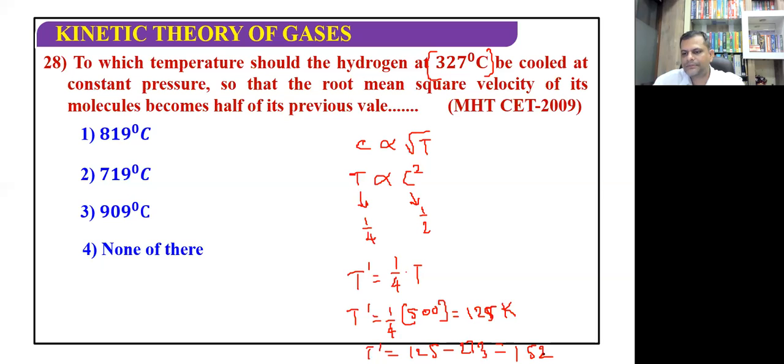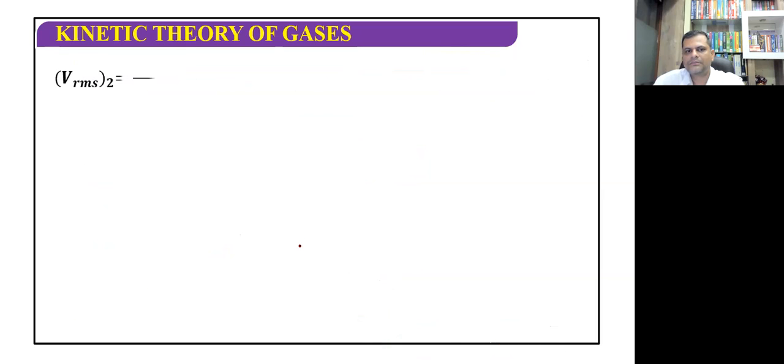Yes. नहीं, 148. Sorry, 148 it will be. Minus 148 degrees Celsius, but there is no option like that. So we can select none of these as the correct option.